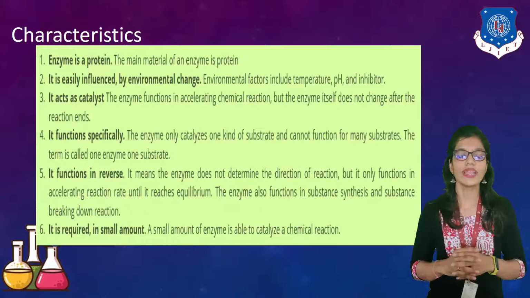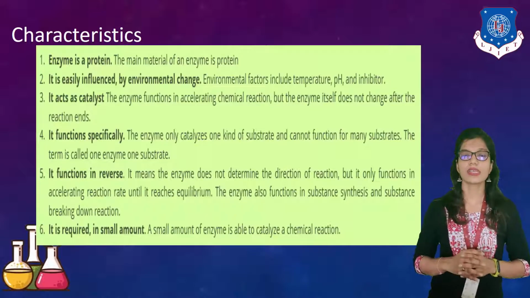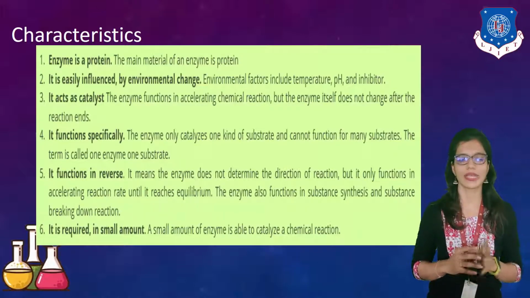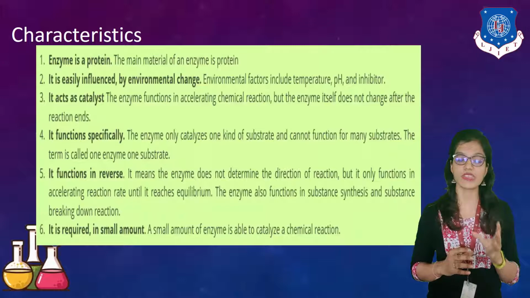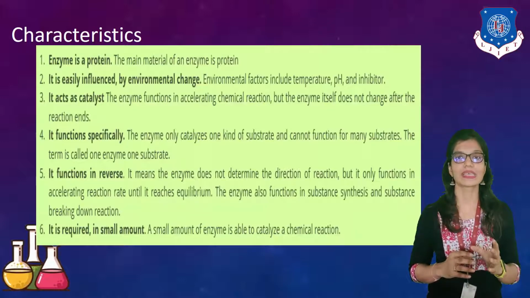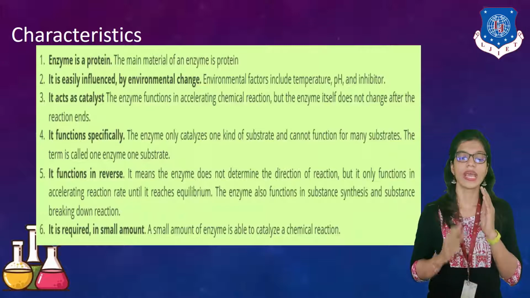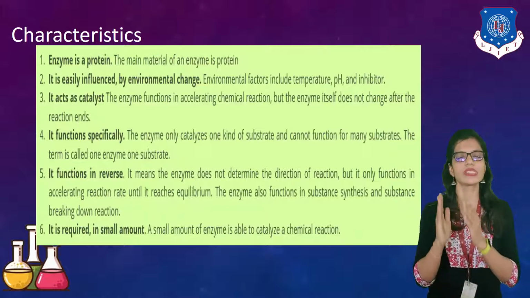Now, the next characteristic, the fourth one, is that it functions specifically. The enzyme only catalyzes one kind of substrate and cannot function for many substrates. The term is called one enzyme, one substrate.